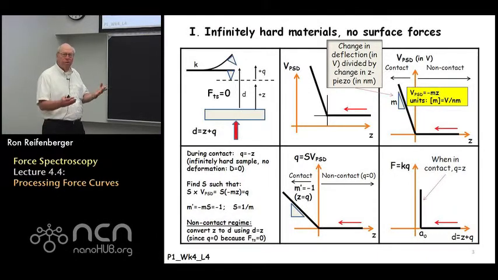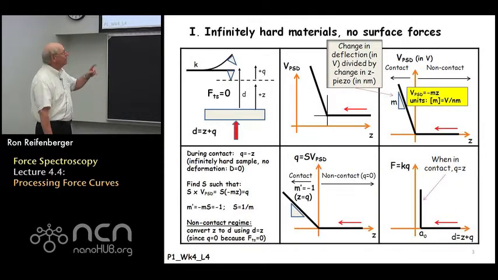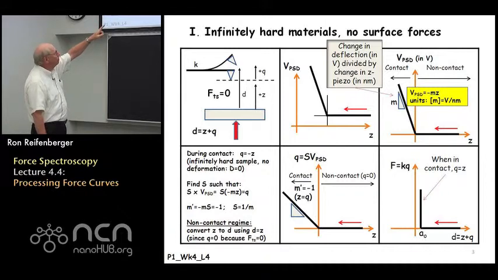During contact for an infinitely hard sample, the cantilever is going to deflect by precisely the amount that the substrate is moved as it loads up against the tip. So this basically means that you want to convert the slope of the voltage versus Z curve into a Q versus Z calibration.